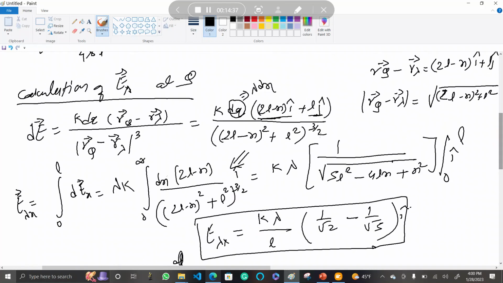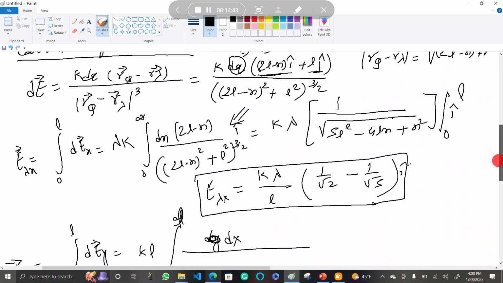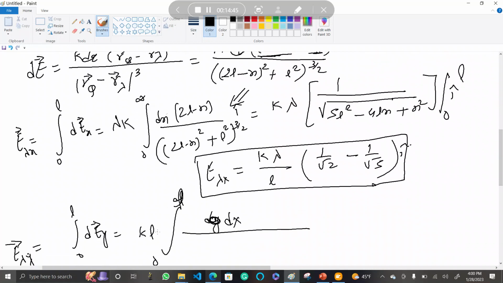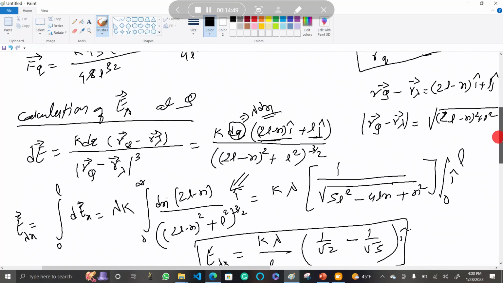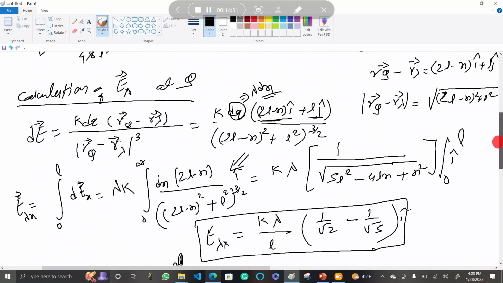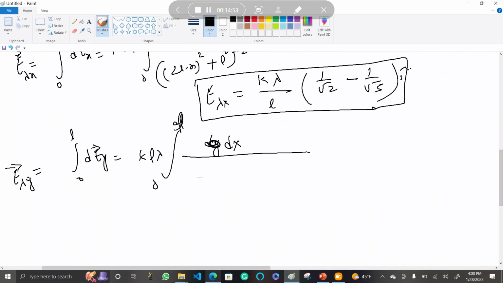We didn't have dy, we have dx. Lambda is common, I forgot to write that. Then dx over (2l minus x)^2 plus l^2 to the power 3 by 2, equal to k lambda l.